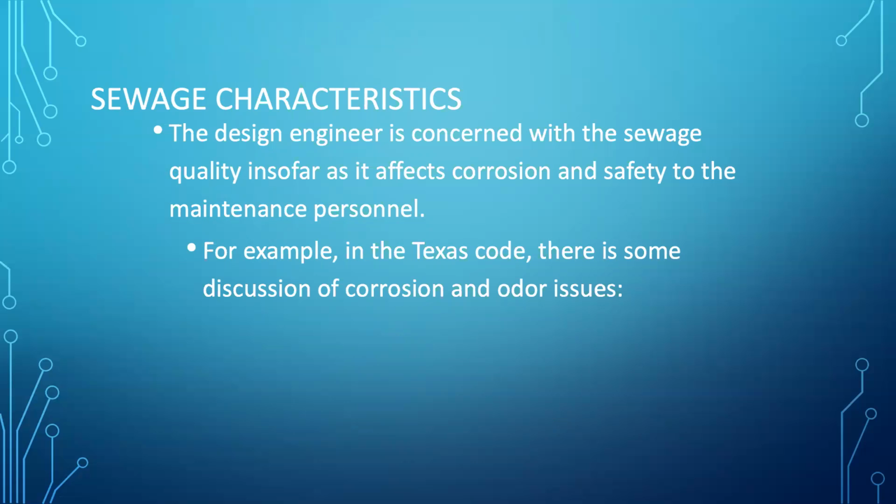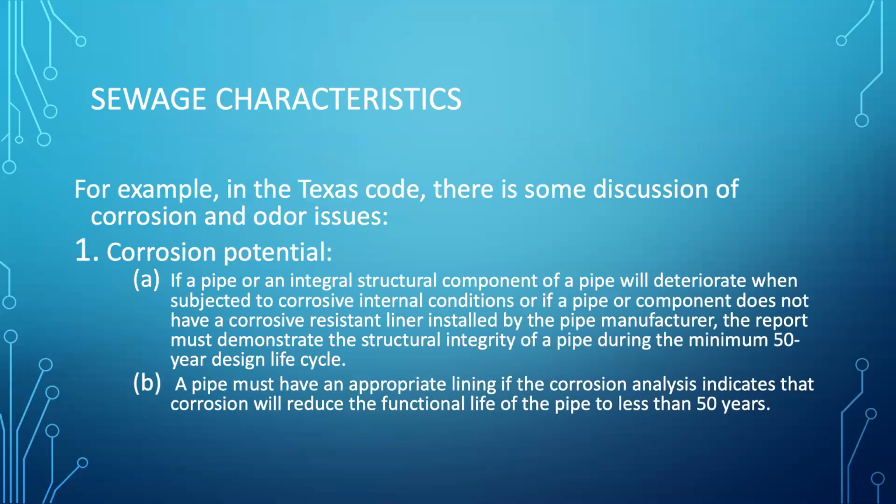So we want to design our systems as best we can to accommodate corrosion and excessive weathering. So using the Texas code as an example, there are specific discussions regarding corrosion and odor. So for example, in the Texas code, corrosion potential is discussed in these following 2 excerpts.